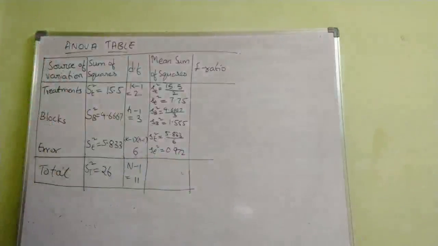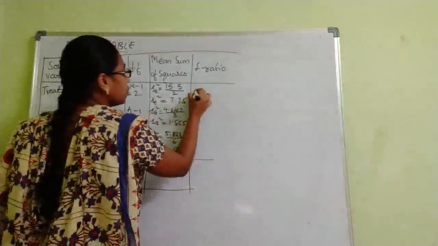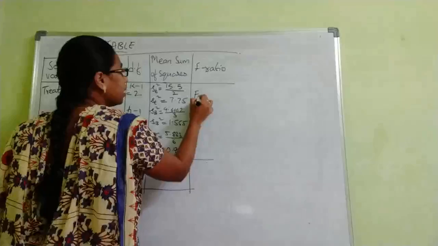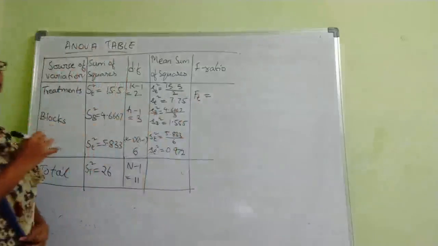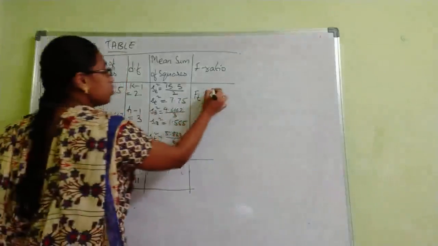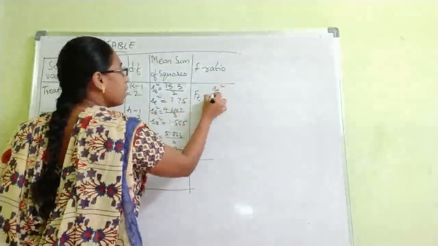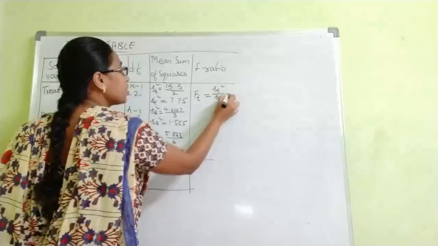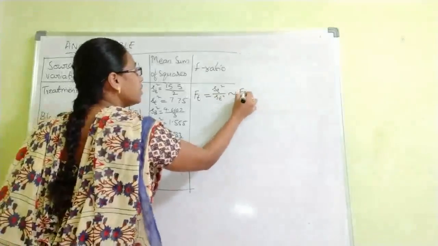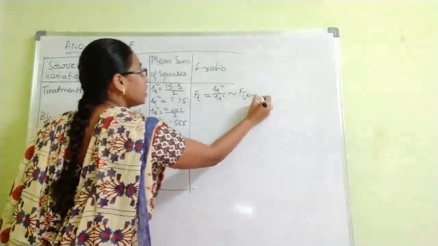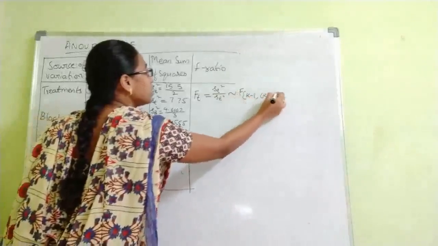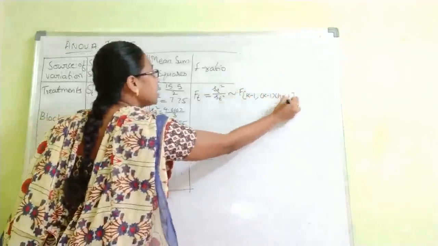So the mean sum of squares is finished. Next we will be finding the F ratio. First FT, the F ratio for the treatments, equals small ST square by small SE square, which follows the F distribution with k minus 1 comma k minus 1 into h minus 1.